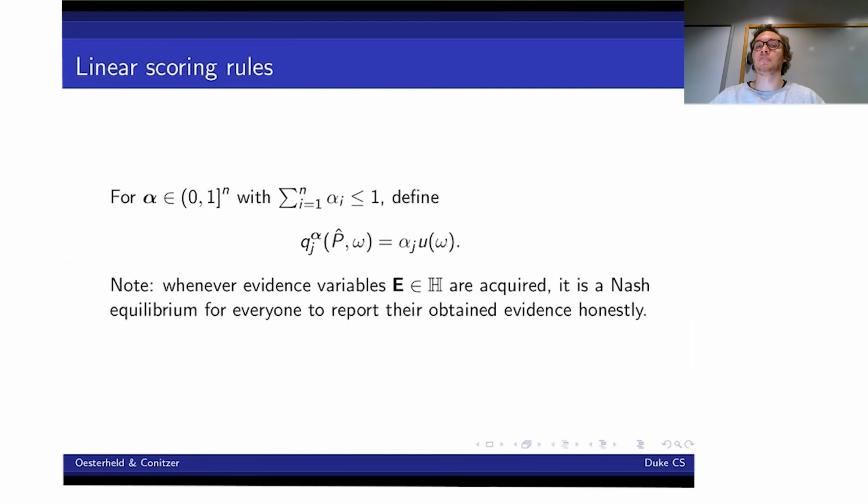So if we want to say something positive about the utility obtained in the best equilibrium by the principal when a linear scoring rule is used, it is enough to imagine that they report honestly, and we only really have to think about what evidence variables the experts acquire.